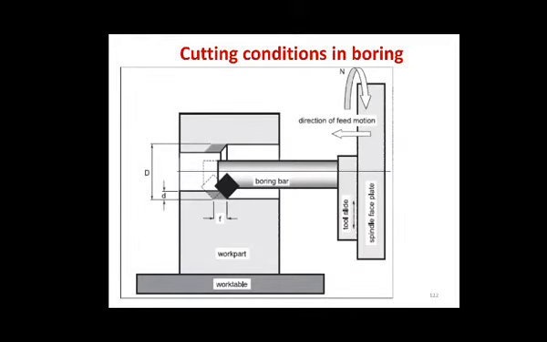Machine tools which rotate the boring bar against a stationary workpiece are called boring machines. Also boring mills. Boring can be accomplished on a turning machine with a stationary bar positioned in the toolpost and rotating workpiece held in the lathe chuck. Okay, so this is the cutting conditions in boring.